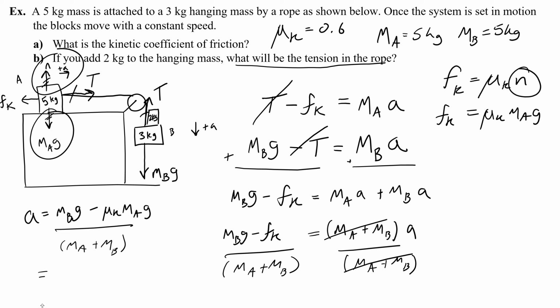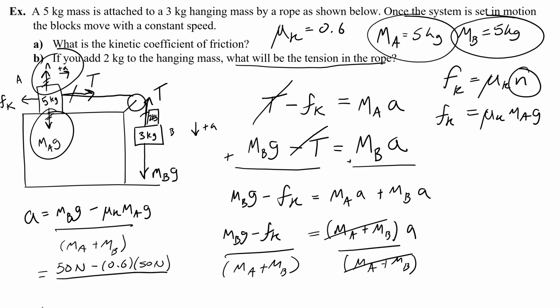So what is the acceleration going to be? Well, I've got mb times g, so 5 times 10, 50 newtons, minus 0.6 times mag, which ma is 5, so that's 50 newtons, all divided by ma plus mb, so 10.